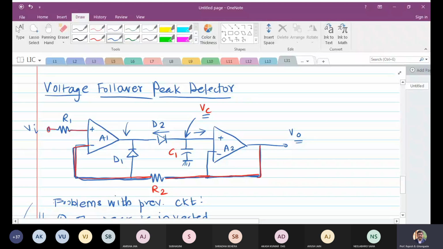Are you able to see that? When VI is greater than VC, this output is positive and this diode is forward biased.